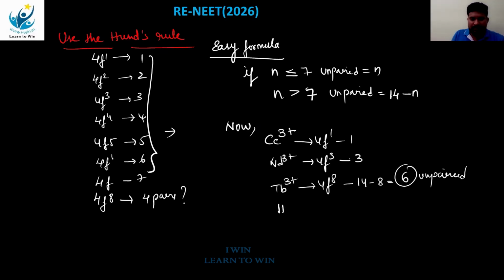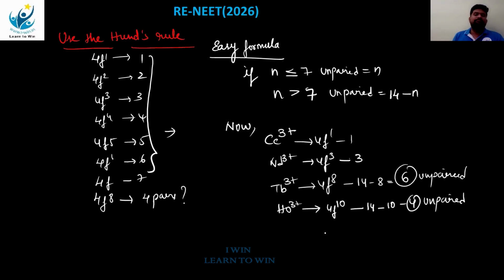And coming to the last one, Ho3+. Sorry, it is having 4f10. So we should use the formula whenever n is greater than 7, that is 14 minus n. It is 10, so 14 minus 10 equals 4. So we have 4 unpaired electrons.